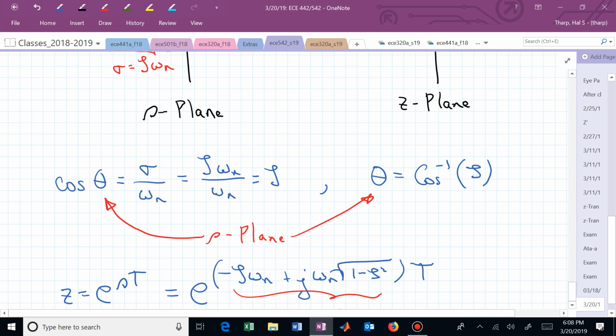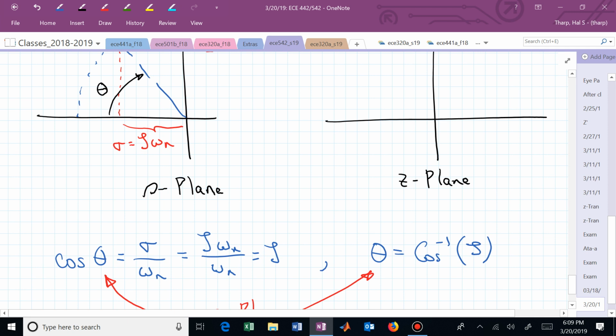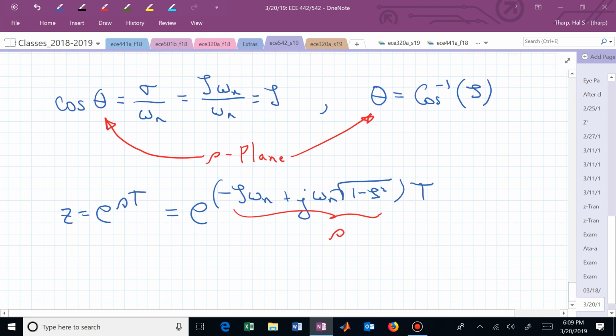That's the point right here. That's the point S. It has a real part of minus zeta omega sub n, and it has an imaginary part, omega sub d, which is equal to omega sub n square root of 1 minus zeta squared. And you can do the math to derive that relationship. So in rectangular form, there is S.